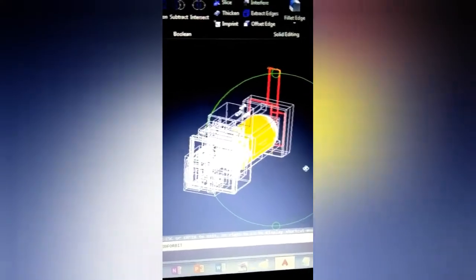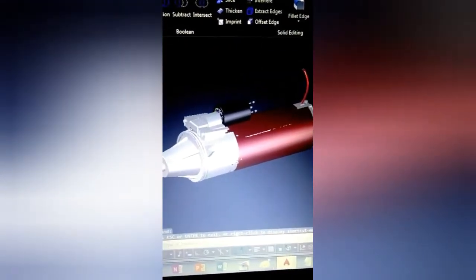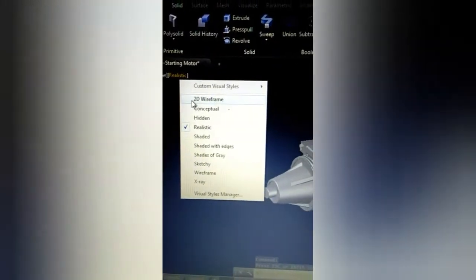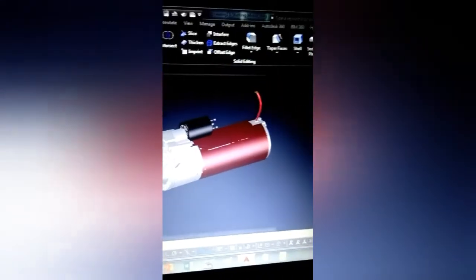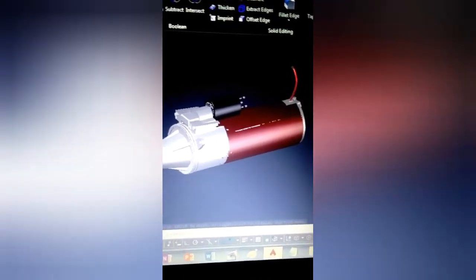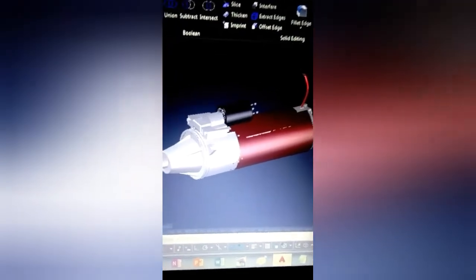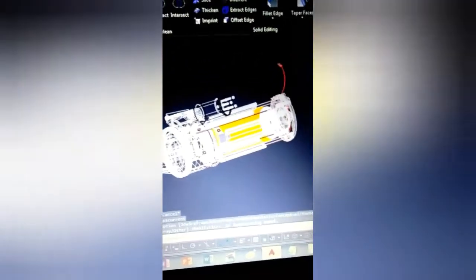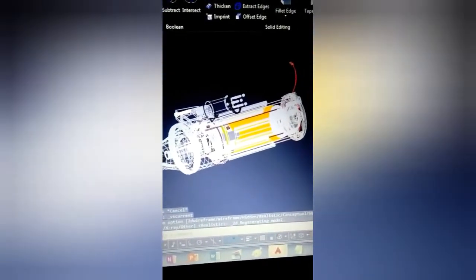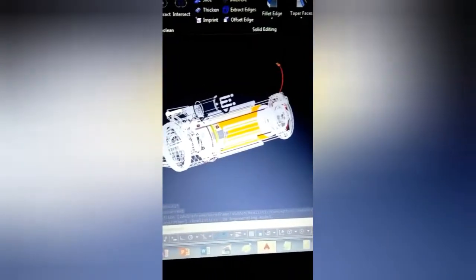We can also view the internal parts of it by using the two-dimensional image in the visual style, but bear with me because our computer is having trouble producing the image. There you have it. You are viewing now the two-dimensional image of the starting model.